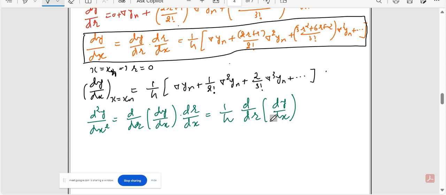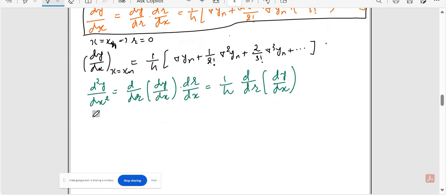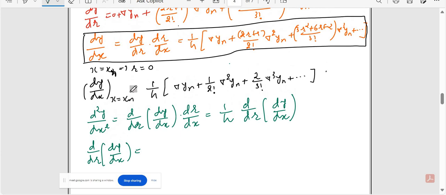So what is the answer of this one? So you can see here, d by dr of dy by dx will be differentiation of this highlighted formula with respect to r. So 1 by h is there, already there. This will tend to 0.